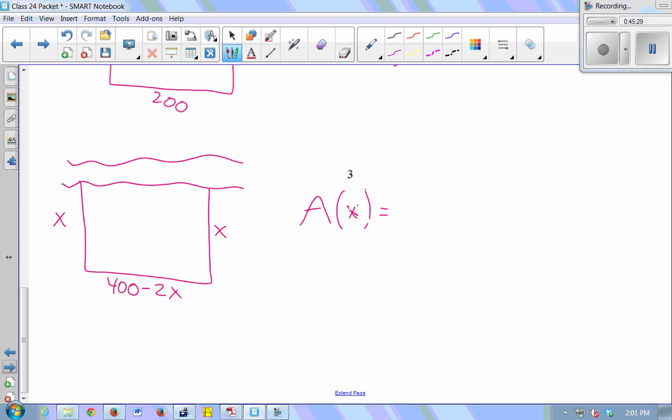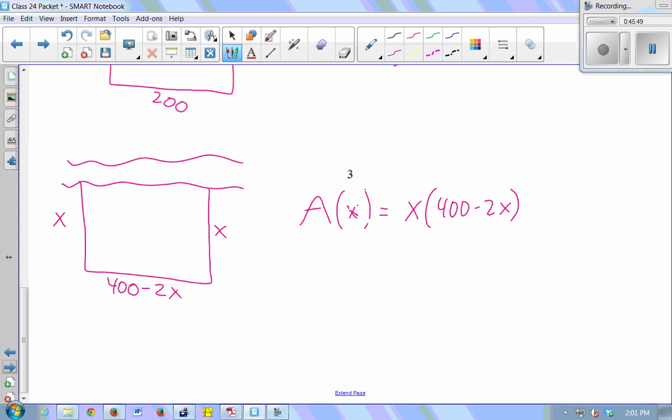All right, what's the area of this corral? How do you find the area of a rectangle? Length times width. What's the length of this rectangle? 400 minus 2x. What's the width? x. So there's the area of my rectangle.